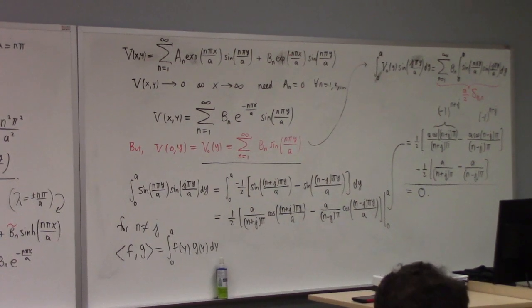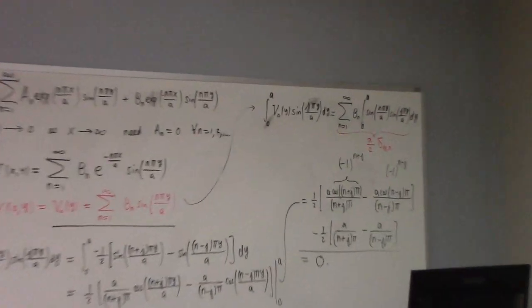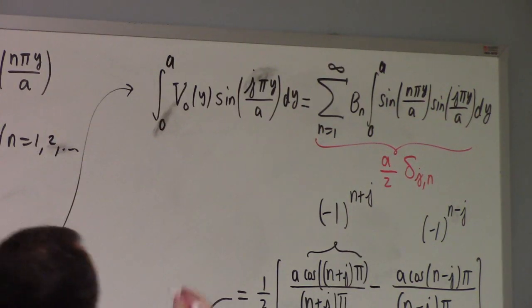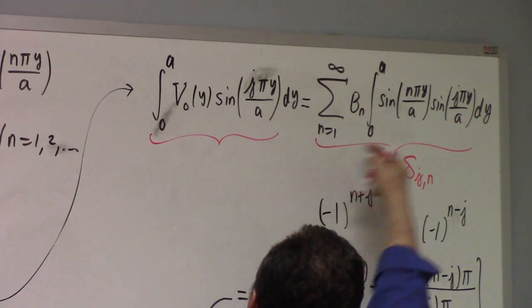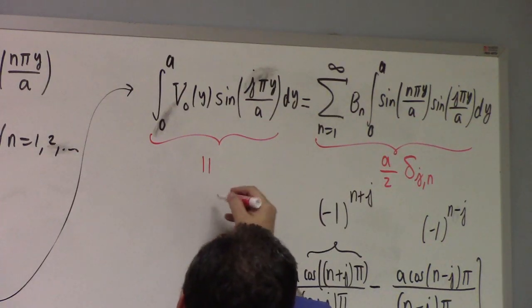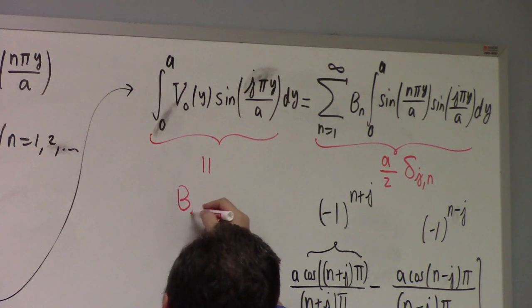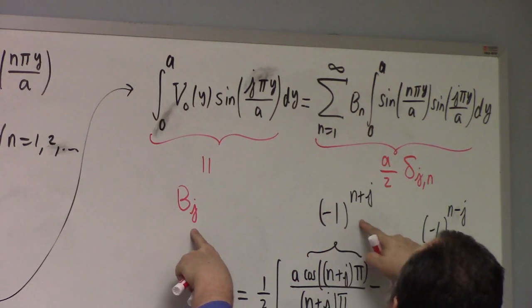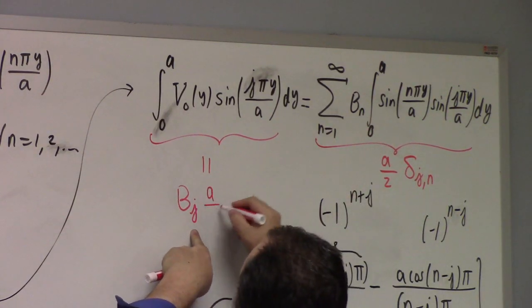So you guys see what happens there? If that integration works out to either 0 or a over 2, then this business right here is equal to what? B sub j times a over 2.